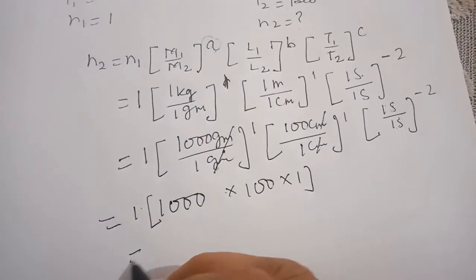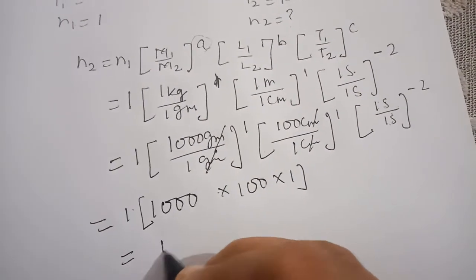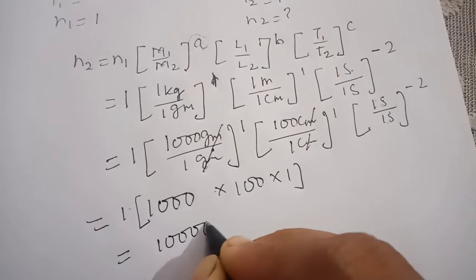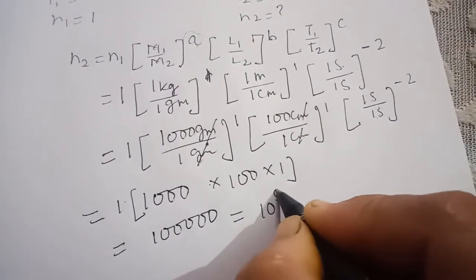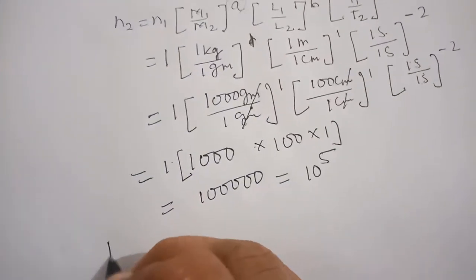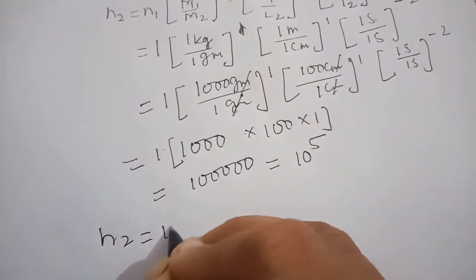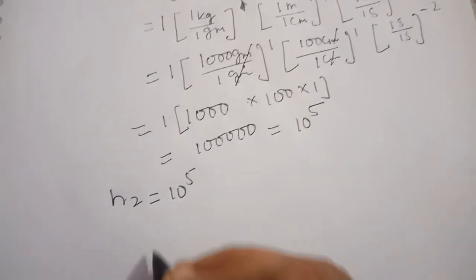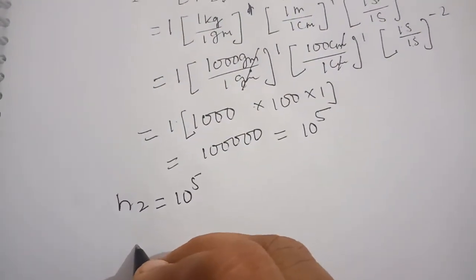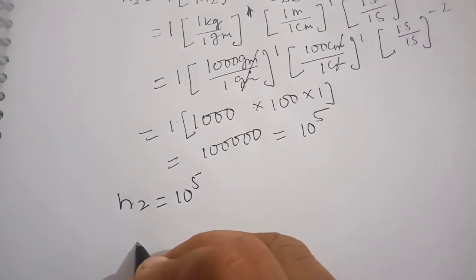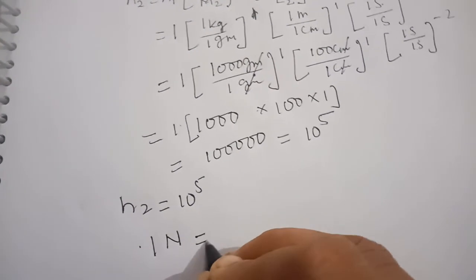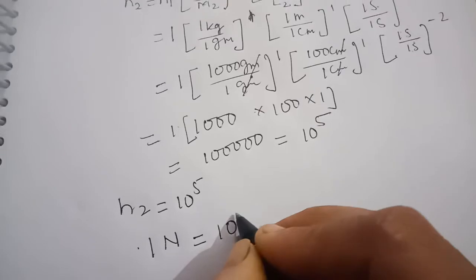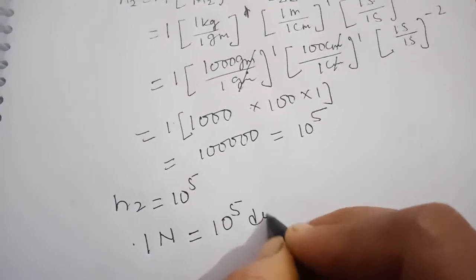So which value have you got? 10 to the power 5. So N2 you have got 10 to the power 5. So what is the value of 1 Newton in dyne? 1 Newton is converted into 10 to the power 5 dyne.